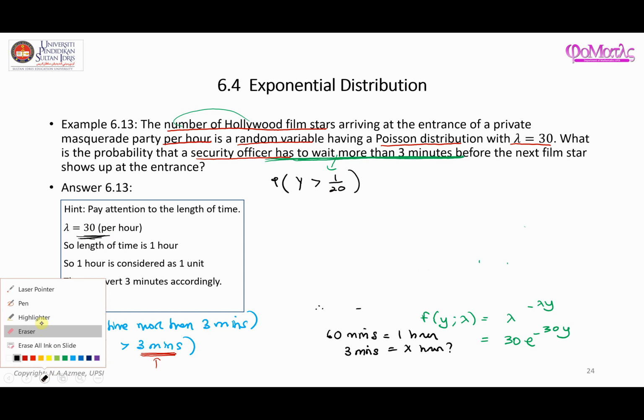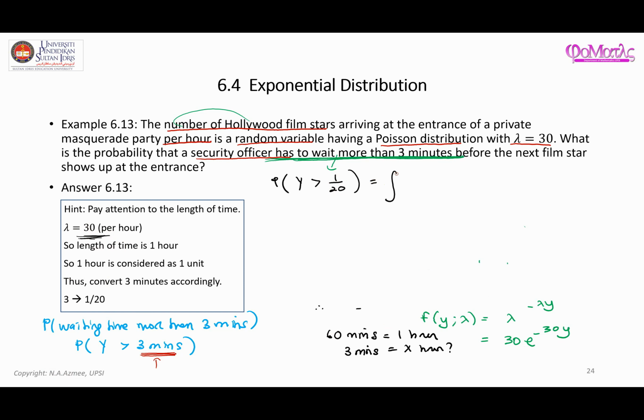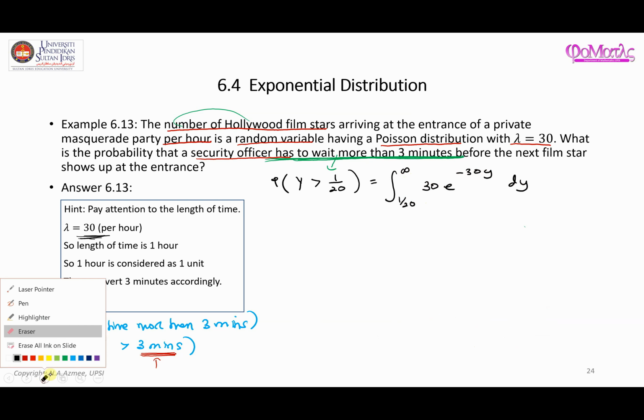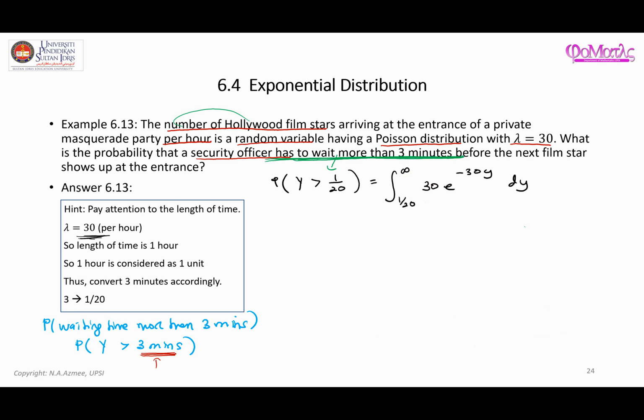So we need to integrate from 1 over 20 to infinity, and the function to integrate is 30 e negative 30y dy. 30 here is a constant, so we can take it out.